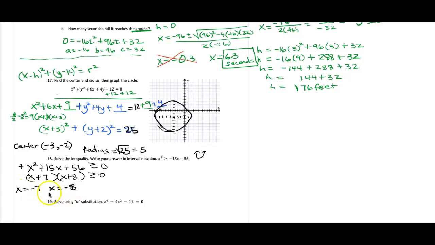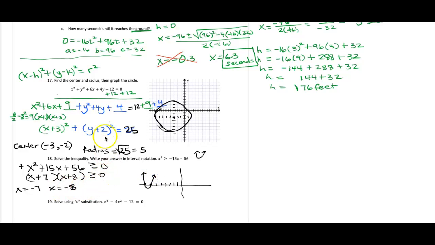The x-intercepts are -7 and -8, so that's where the parabola is going through at those points. So I'm going to draw this out here. It's going through here, and it's a parabola looking like this.